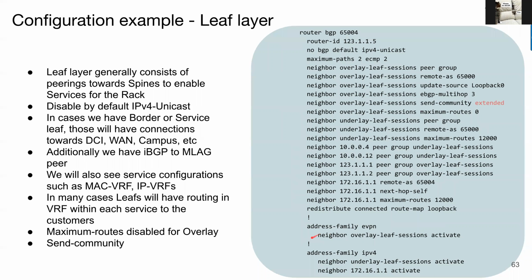On our leaves, we're only going to have this one statement to activate our overlay neighbors. And in our IPv4 address family, we're going to activate the underlay peer group, as well as our MLAG peer.